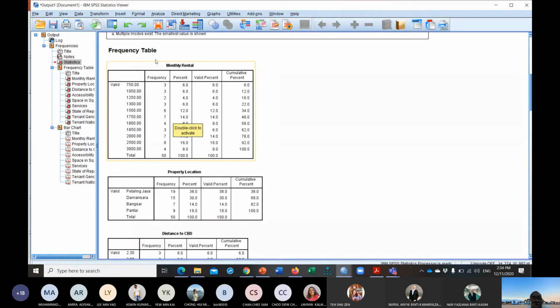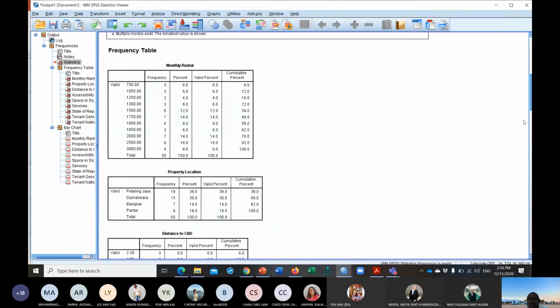So you can quickly see the distribution for each of our factors. Here, about location, we can quickly know how many people are living in Petaling Jaya, how many are in Damansara, how many are in Bangsar, among our respondents. So this quickly gives us the distribution.